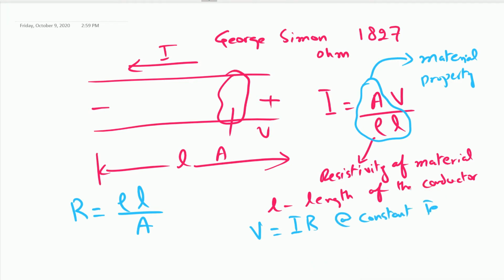So one thing that is very crucial for the validation of Ohm's law is that the experiment in which you are trying to establish that there exists a linear relationship between the voltage and the current should be at a constant temperature.